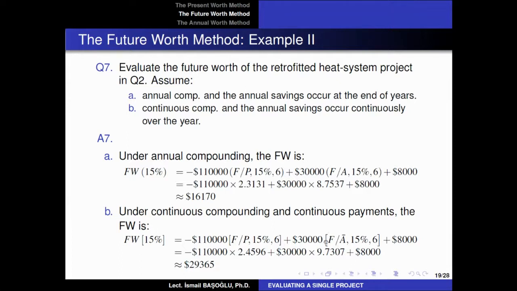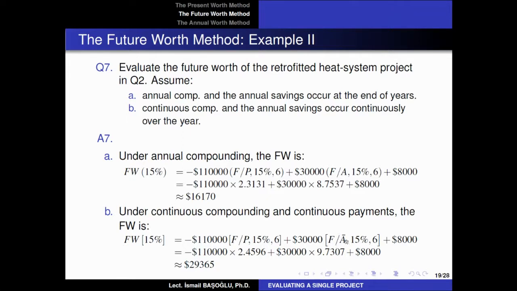So throughout the year, from beginning to end, we have a constant rate of savings of $30,000 in total per year, and we are going to multiply that with the continuous compounding, uniform series compound amount factor.